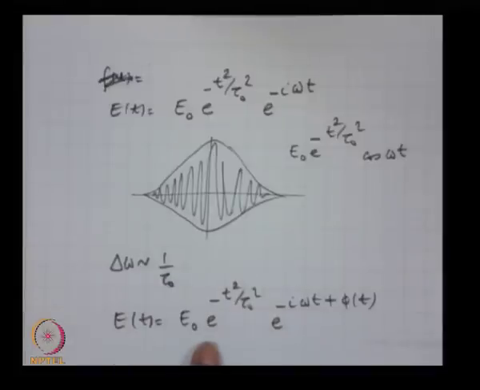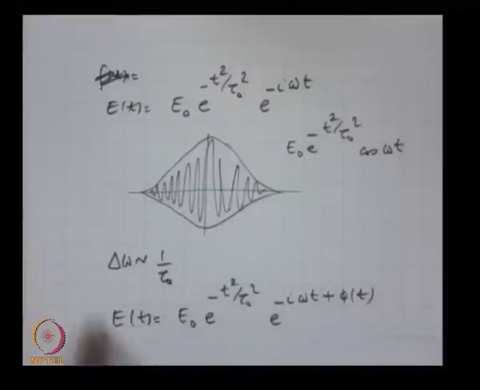The intensity, which is proportional to mod E square, is still proportional to exponential minus 2 t square by tau naught square. The intensity varies in a Gaussian fashion, but this one now has a phase term which is also a function of time apart from an omega t dependence. So the instantaneous frequency of this pulse is not constant with time.